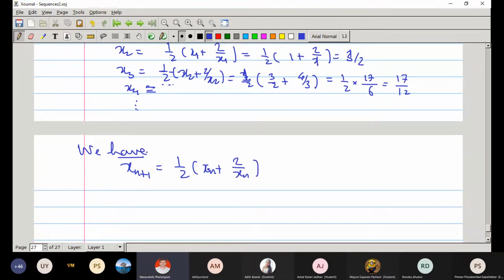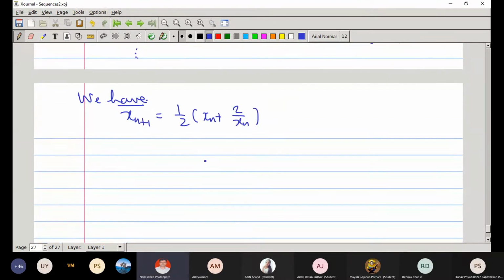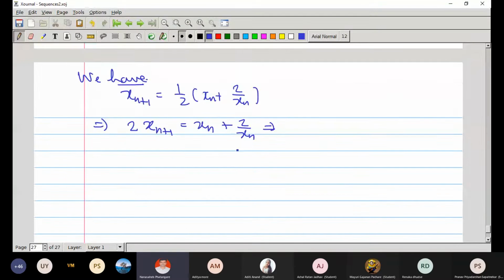Fine. So now we want to check whether it is monotonic or not. Then we'll see whether it is bounded or not. Okay, so try to simplify this. 2 times xn plus 1 is equal to xn plus 2 upon xn.